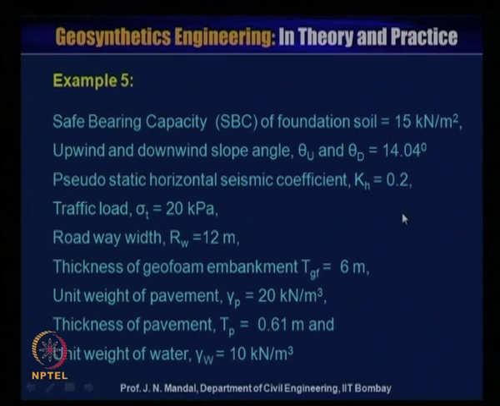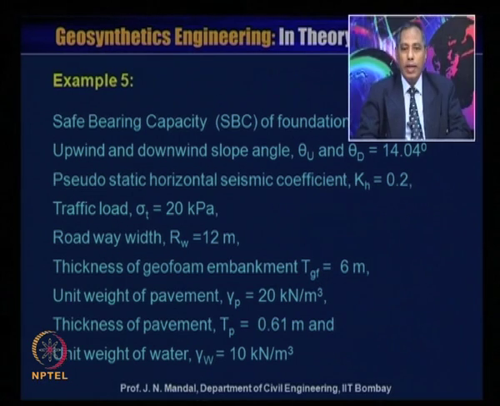Now, I will give one example. Let us say safe bearing capacity SBC of foundation soil is equal to 15 kilonewton per meter square. Upwind and downwind slope angles theta u and theta d are 14.04 degree. Pseudostatic horizontal seismic coefficient Kh is equal to 0.2.